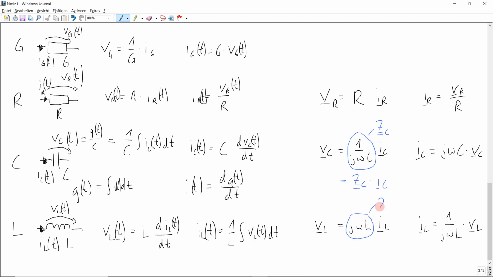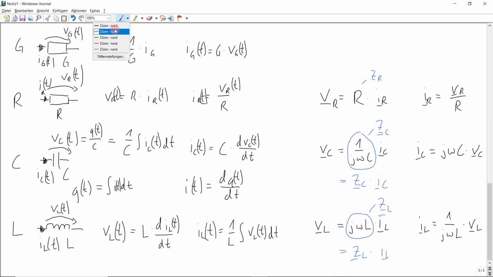And this is what we call ZL, impedance of the inductor, and then we could just write ZL times the current. And here we could also say, okay, this is the same as ZR, and we could write ZR times current. Yeah, no one really does this, but sometimes I also do it. Okay, so this is what we call impedance.